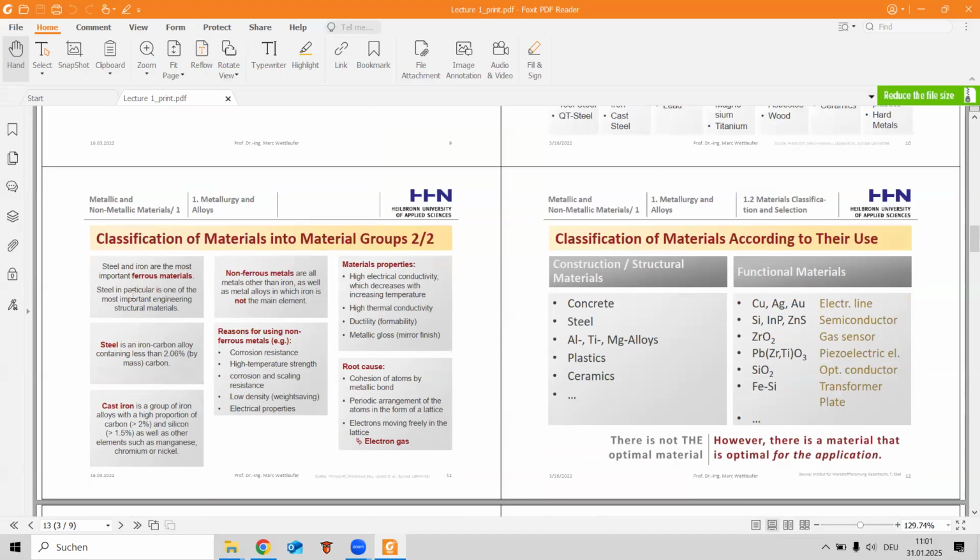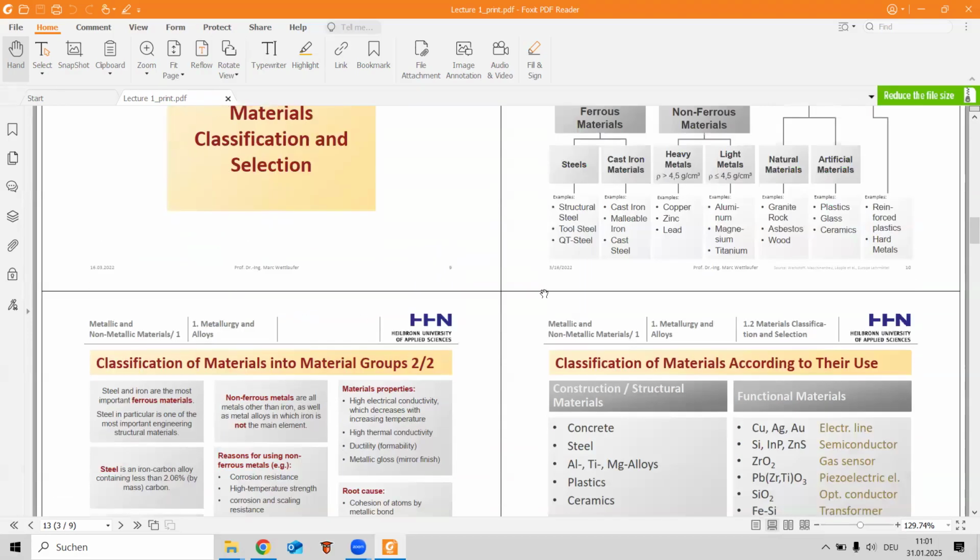Steel is one of the most important materials. Non-ferrous metals are all metals other than iron, as well as metal alloys in which iron is not the main element.